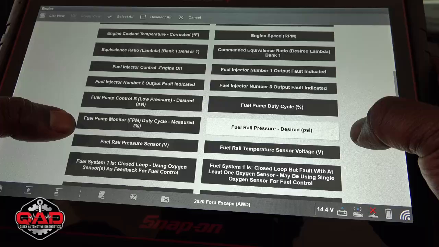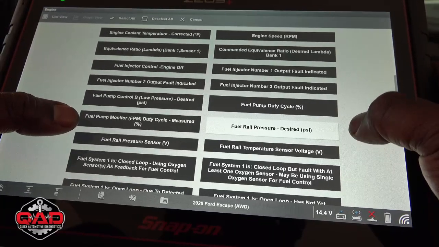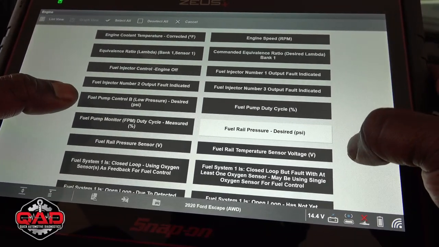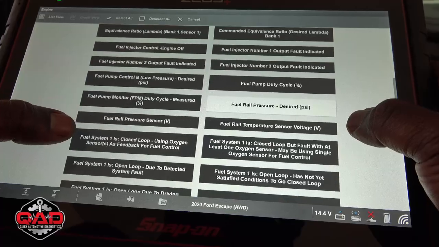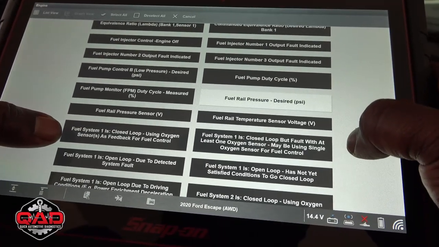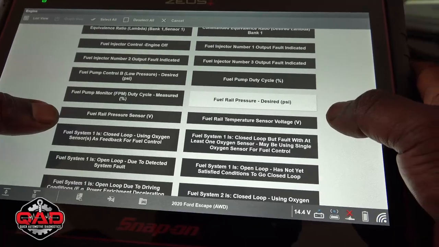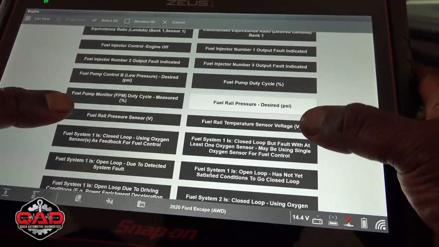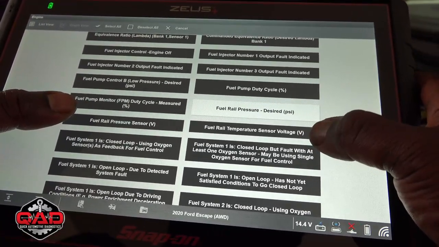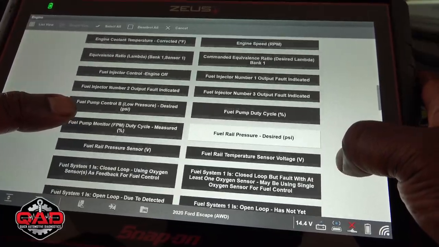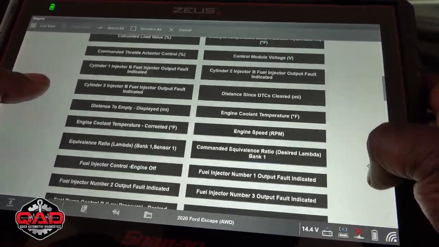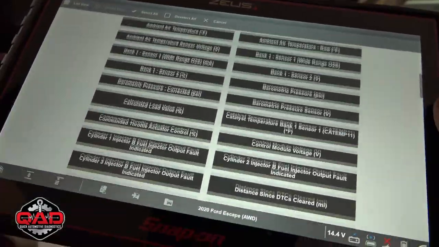Duty cycle measured, fuel pump desired, and fuel closed loop using oxygen sensor. No, we need a fuel rail pressure sensor, voltage, fuel rail temperature. We need the fuel rail. Oh, maybe it's not on this page. Okay, let's go back.